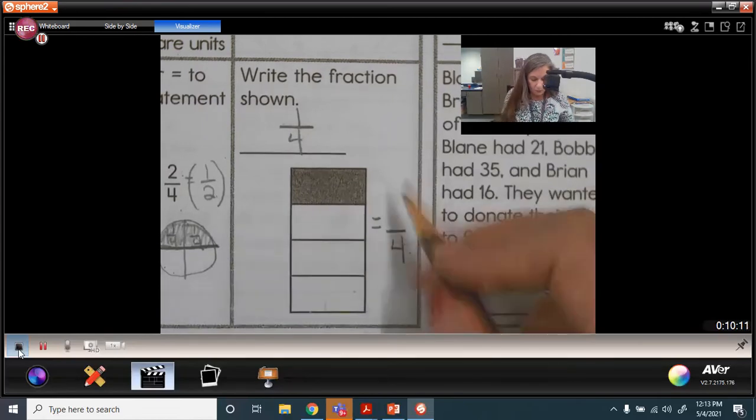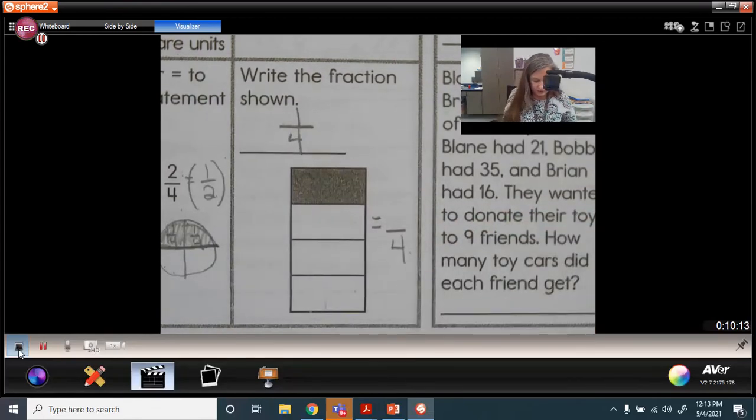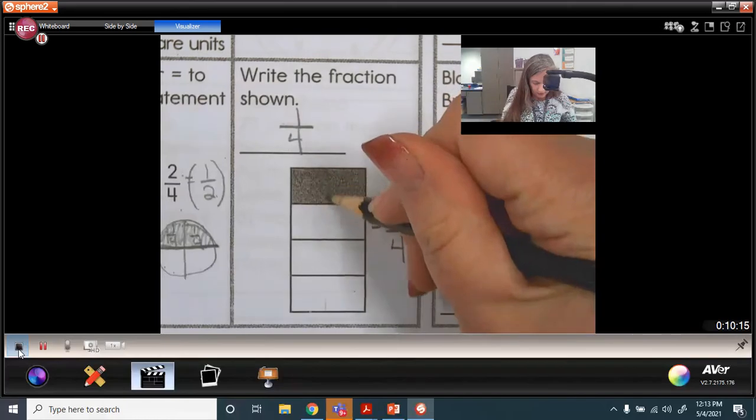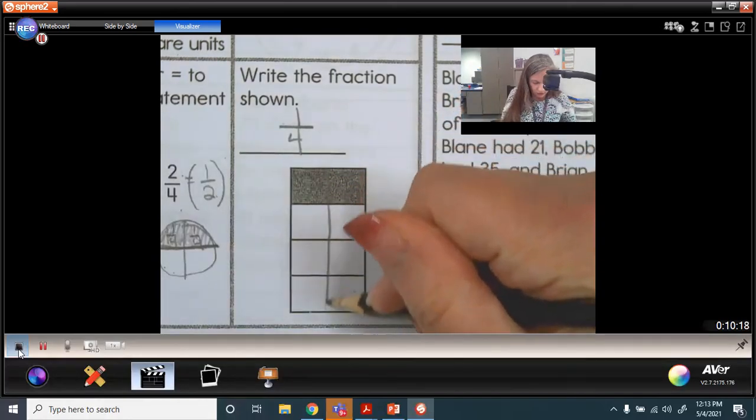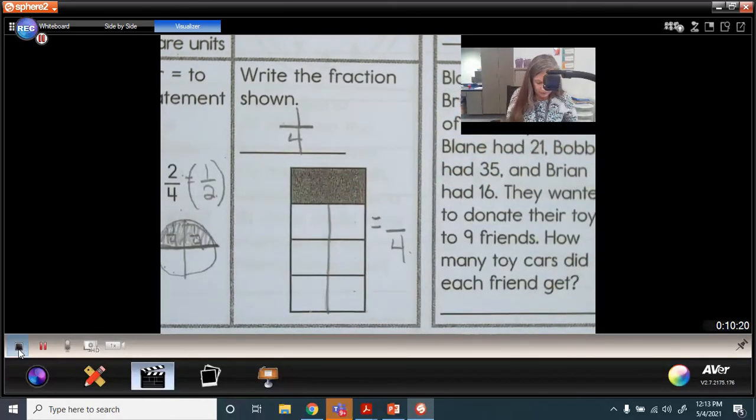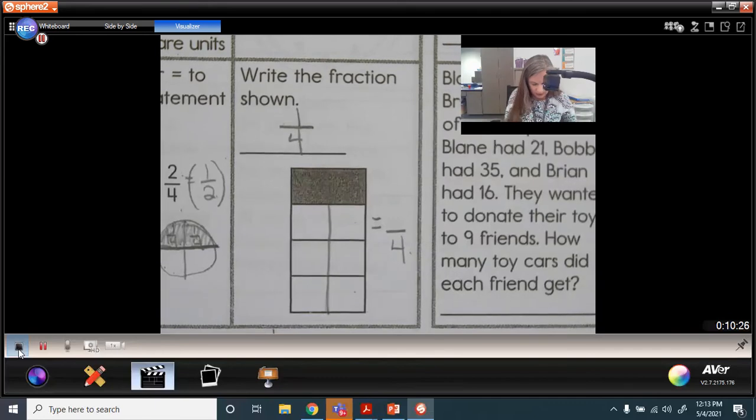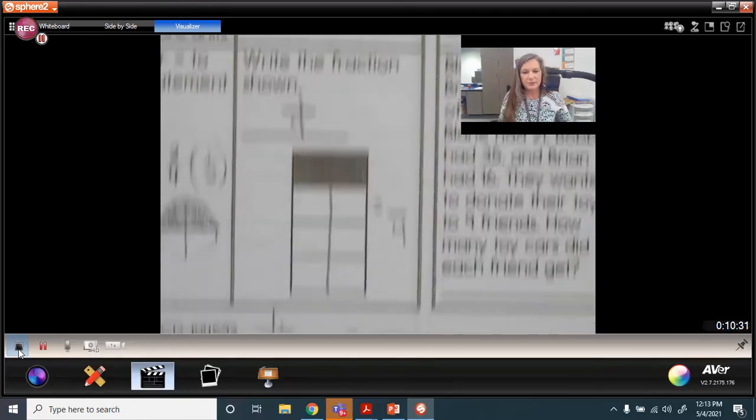Now, what I also want you to think about is if I were to take and partition those fourths into 2 more pieces, into 2 more parts, now I have what? 8ths, right?